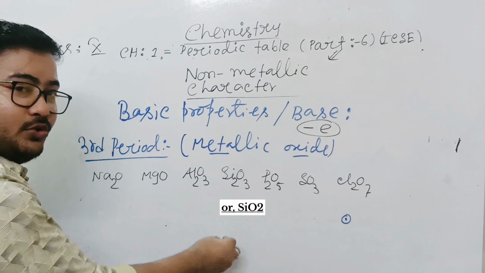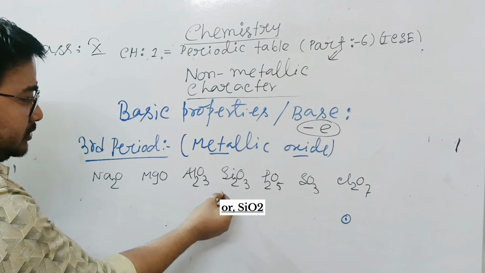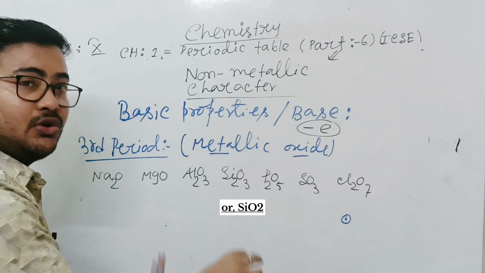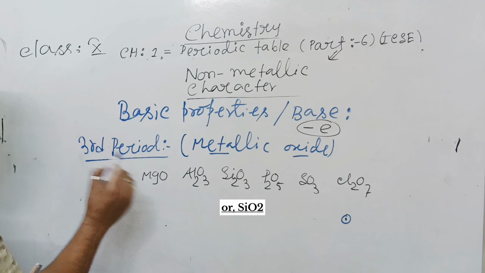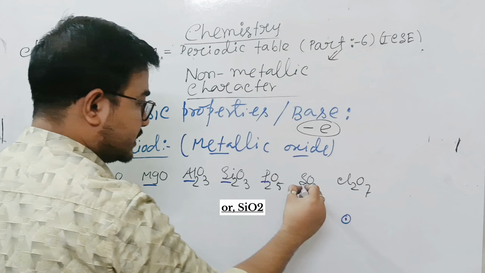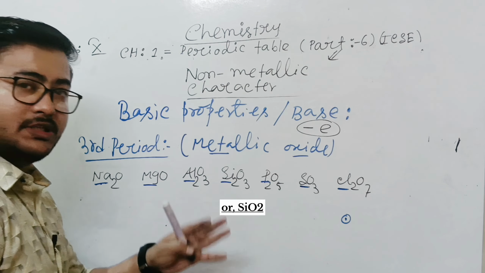Forget about the formula, whether it is SO2 or SO3 or anything. Don't consider oxygen, don't consider the formula. Your only work is to identify the element: sodium, magnesium, aluminium, silicon, phosphorus, sulfur, chlorine. Forget about the formula, the oxygen, everything.